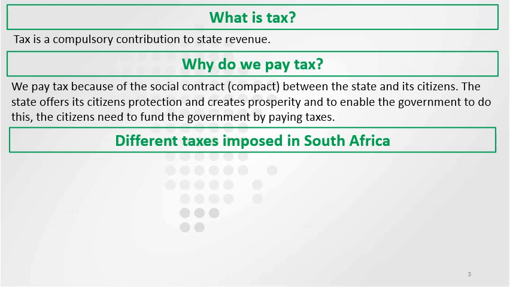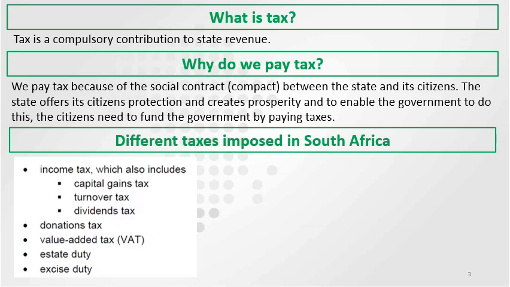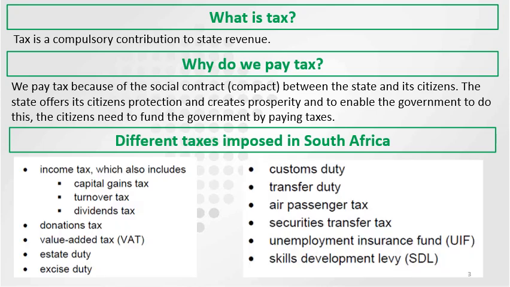There are a large number of different taxes imposed in South Africa, and here we provide you with a list. The ones that you will mostly deal with is income tax. Together with that goes capital gains tax, which is somewhat of a misnomer, but later on in the presentation I will just explain that.